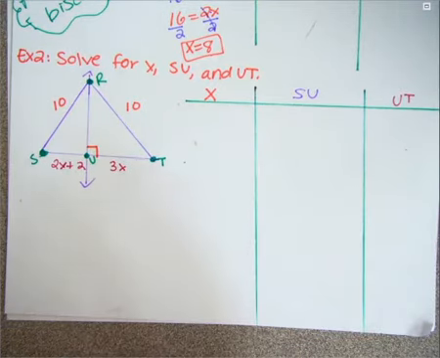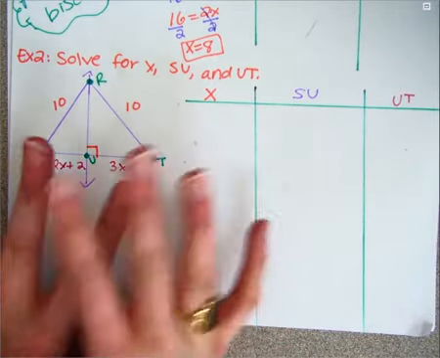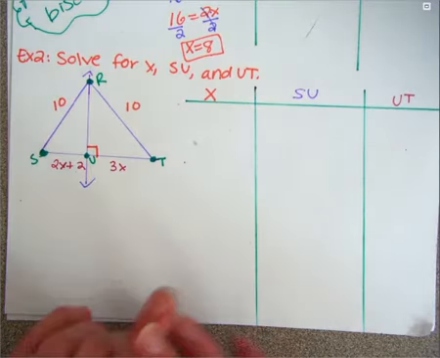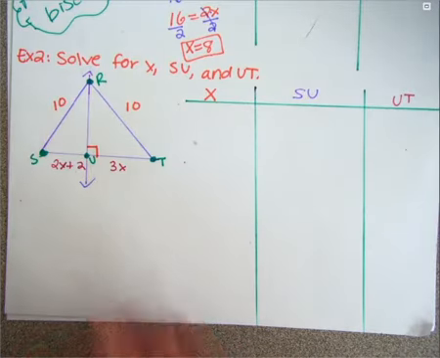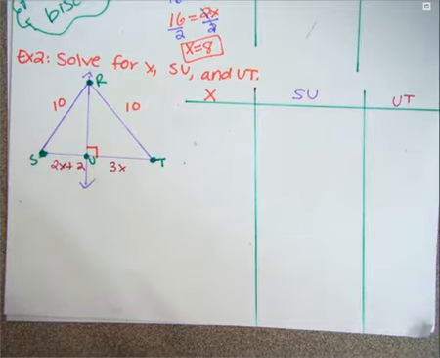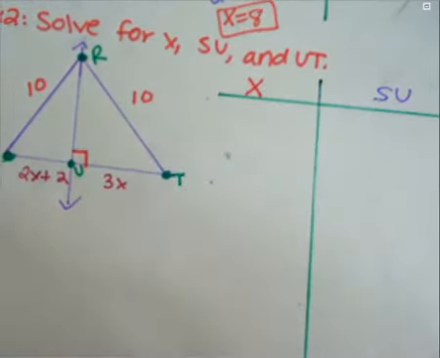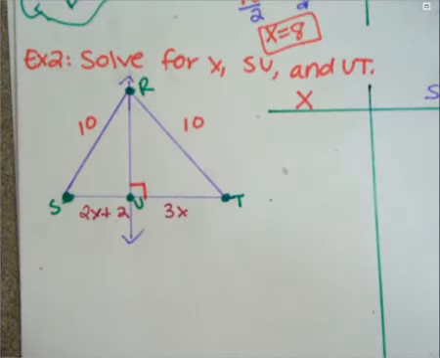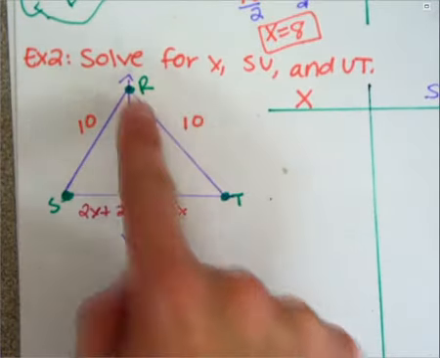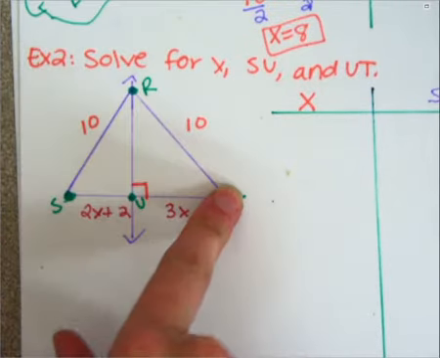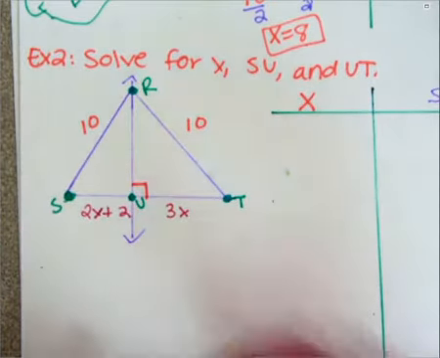If you see here, I need you to see if there's a point that is equidistant, or the same distance, to two other points on a segment. Do you guys spot it? Do you see sneaky point R right there? Sneaky point R is the same distance, or equidistant, to point S and point T. So that means it is congruent to each of these.